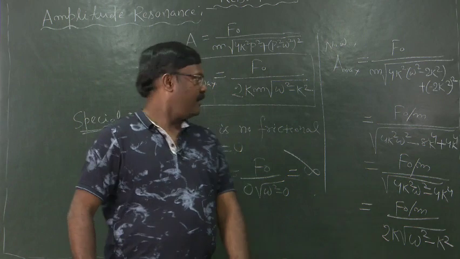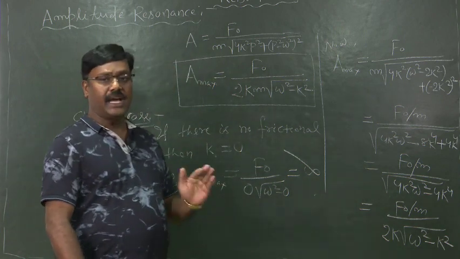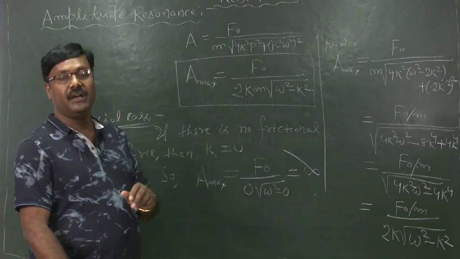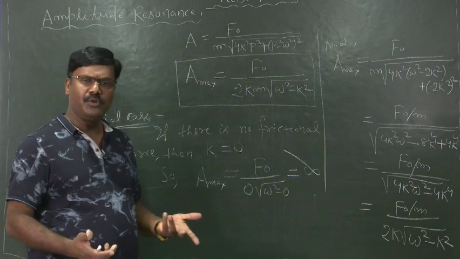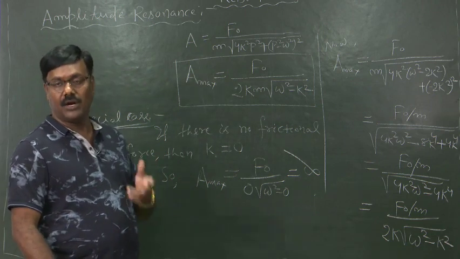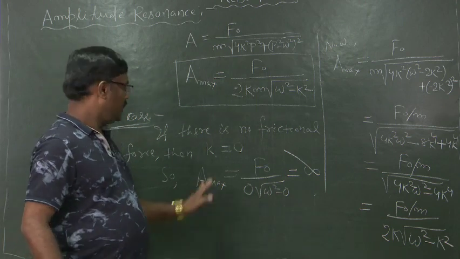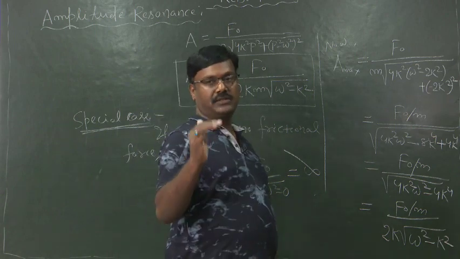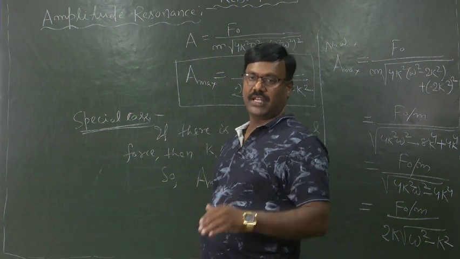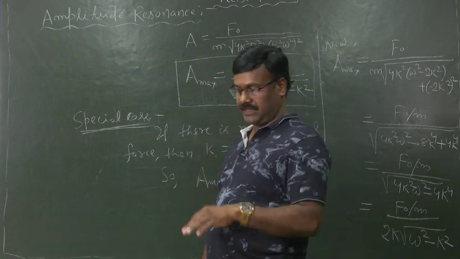Now, from this expression we can also calculate the frequency of a vibrating body at resonance, from which it will be easy to calculate the time period of the vibrating body at resonance. Let us calculate first the frequency of the vibrating body at resonance, and is termed as the resonant frequency.